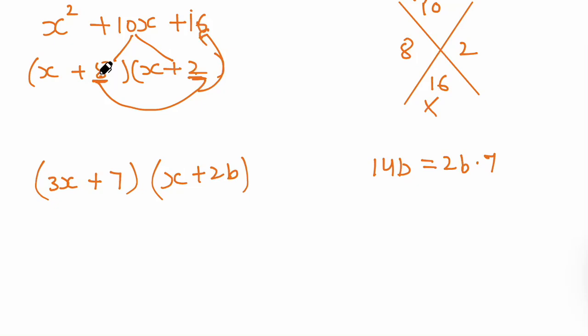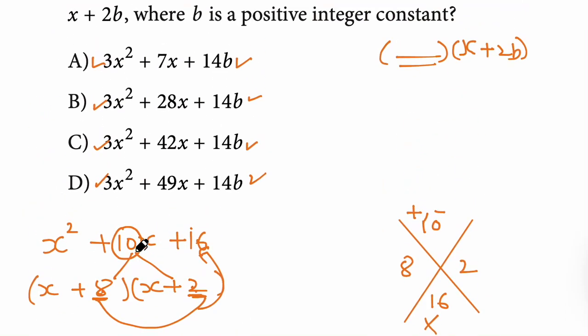Now, if I add this and this number, I get the middle coefficient. That means if I add 7 and 2b, I am going to get one of the options.